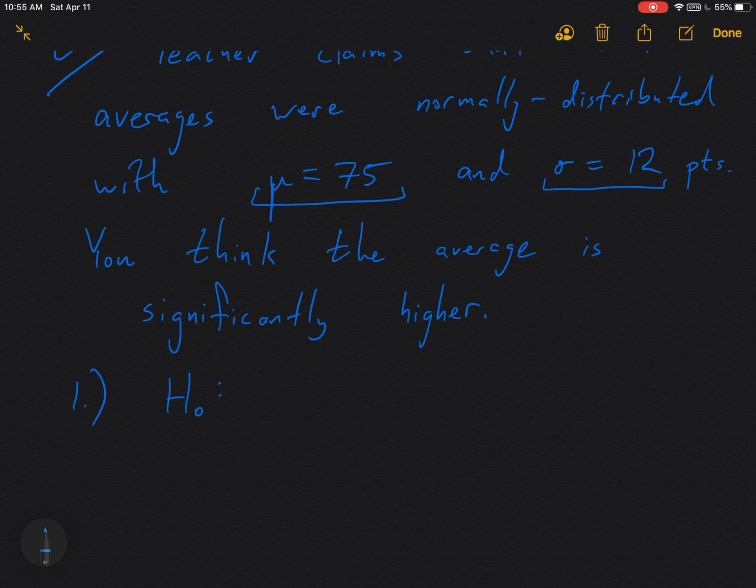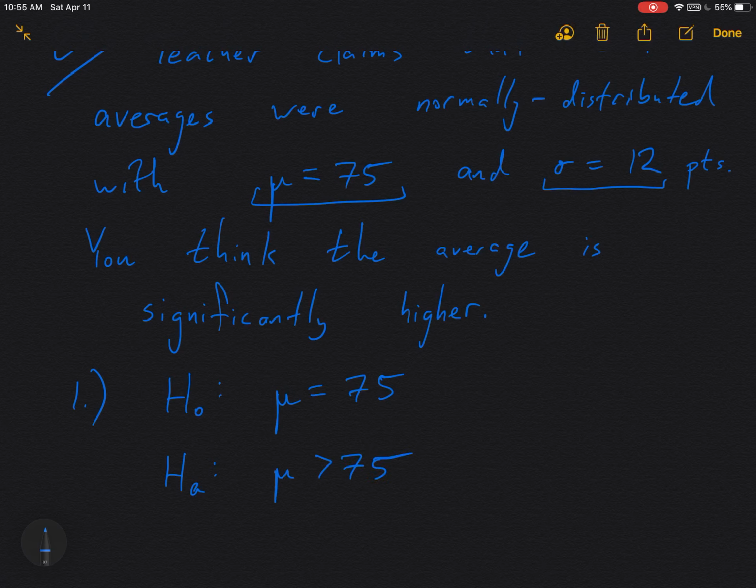First, we're going to state our hypotheses. Here, the null hypothesis is always given by some equality. So the null hypothesis is just going to be the boring one that the teacher's telling the truth. We're going to just say that the actual population mean is equal to 75. But you're putting forth an alternative hypothesis.